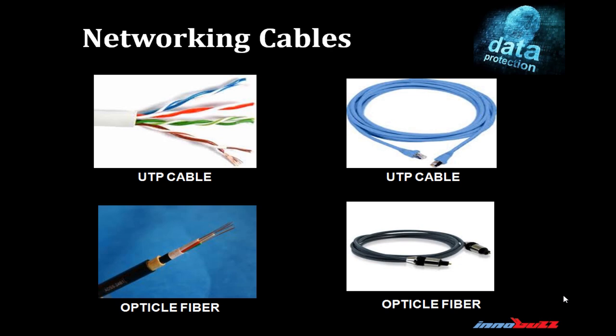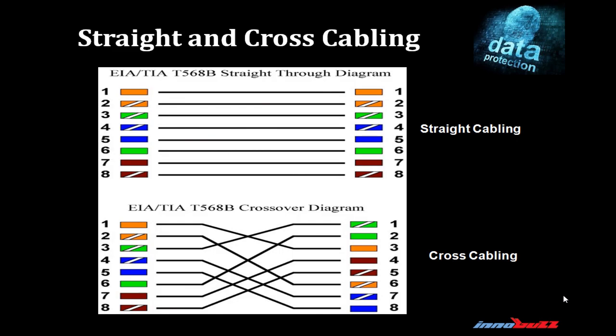Now to connect these networking devices we need cables. There are different type of cables used in networking. For an example, unshielded twisted pair cable, and optical fiber, etc. Unshielded twisted pair cables also called UTP cable. As per the type of device connected, we have to make straight cabling or cross cabling.